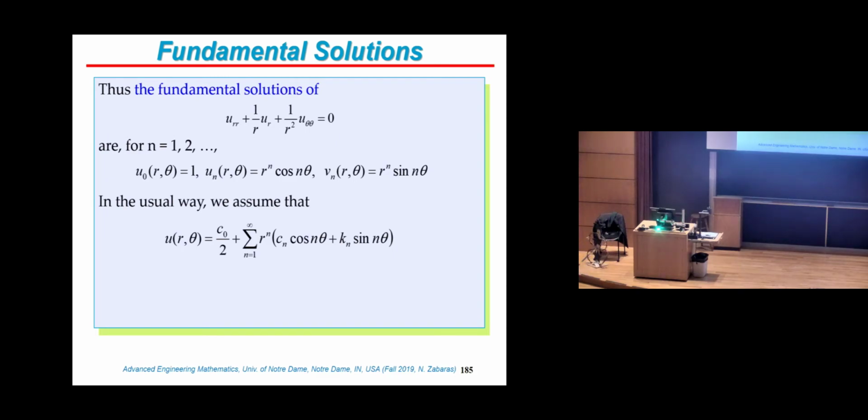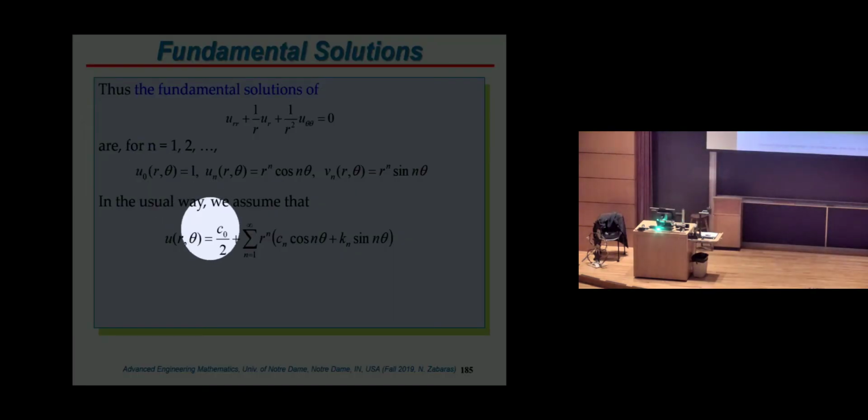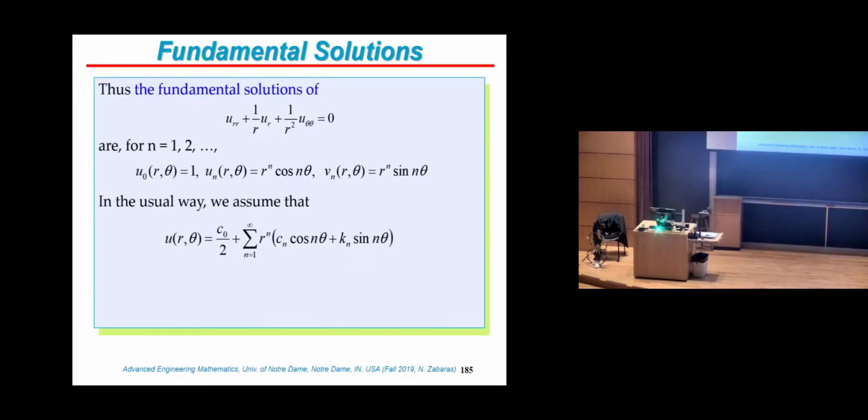It is actually a Fourier expansion, which means can we actually get easily these coefficients C0, Cn, and Kn? How do we get those coefficients? There is something we have not applied yet in solving this problem. What boundary condition have we not applied yet?